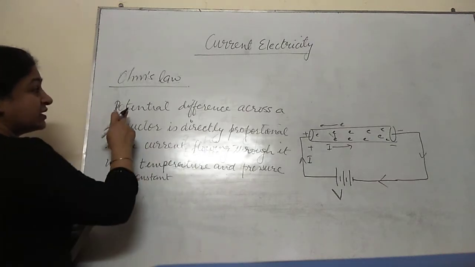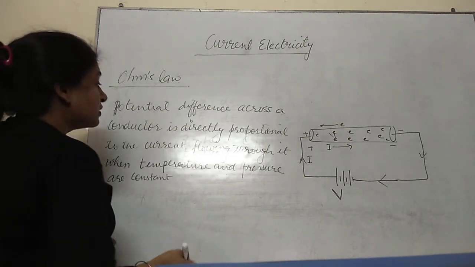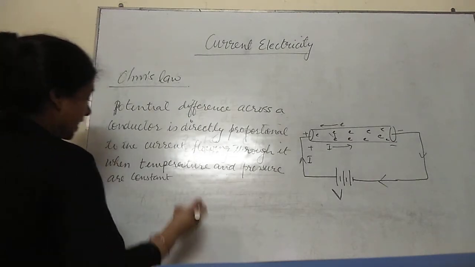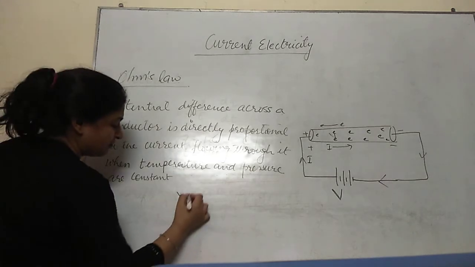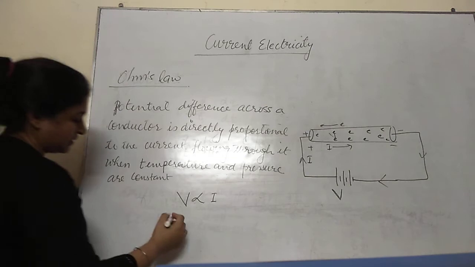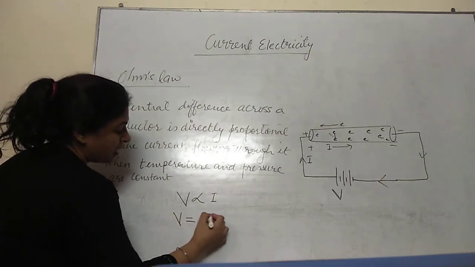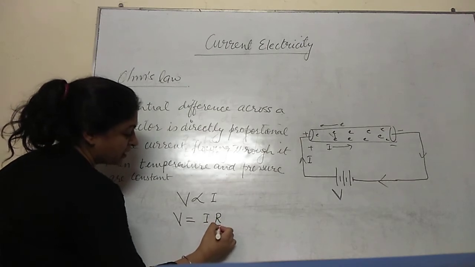Only then we can say that the potential difference across the conductor is directly proportional to the current flowing through the conductor. So mathematically how can we write? V is directly proportional to the current flowing through the conductor, or V is equal to I into R. What is R here?